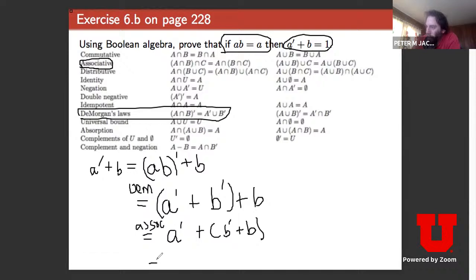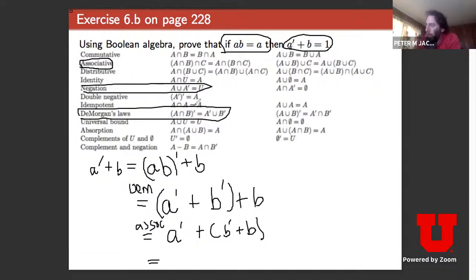Okay, and then, what are we going to do with B prime plus B? Does anyone have any idea what to do with B prime plus B? Yep, that's right. Negation is right here.